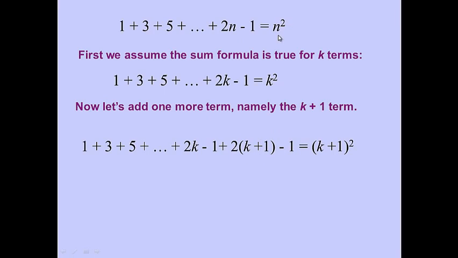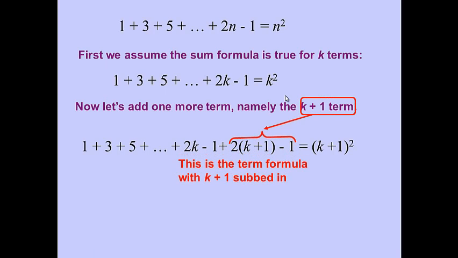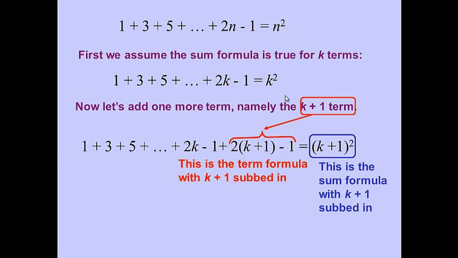And here we have n squared, and we have k plus 1 squared. So we're saying, let's add one more term to this previous statement and see if it's really true. That is the k plus 1 term, and this is the sum formula with k plus 1 subbed in.